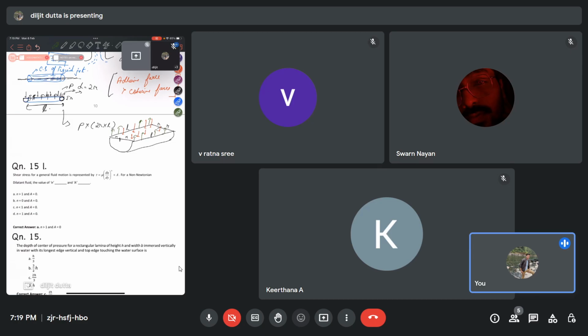Okay, so if we consider the balance between the pressure force and the surface tension, it will come as delta P into 2R into L, because we are taking the whole cross section, this is 2R into L, and this is balanced by sigma into 2L.